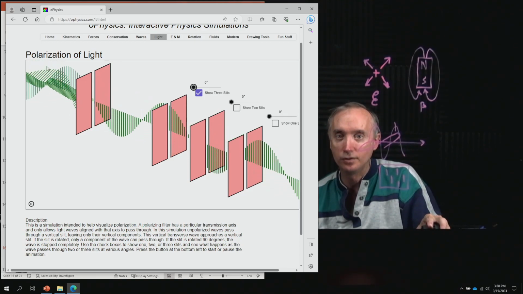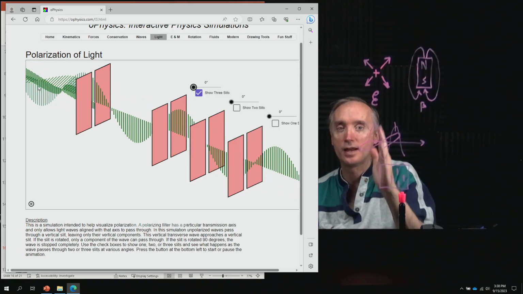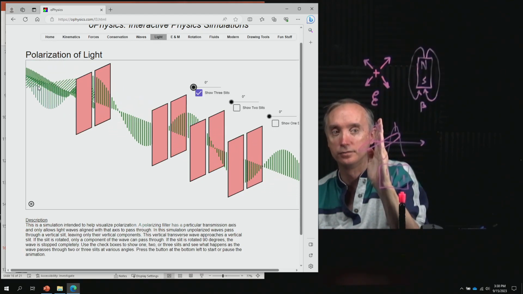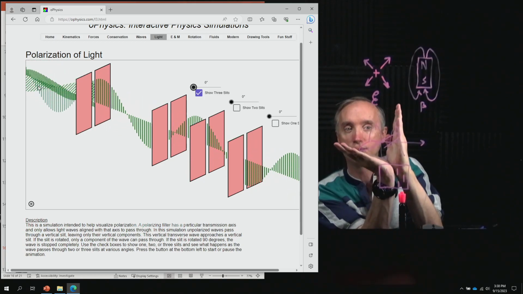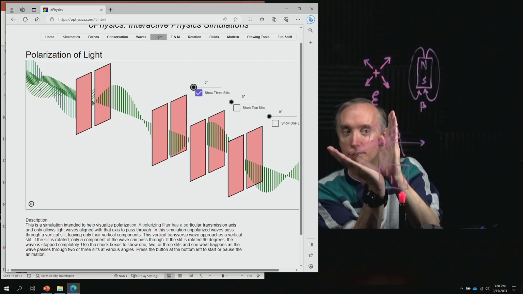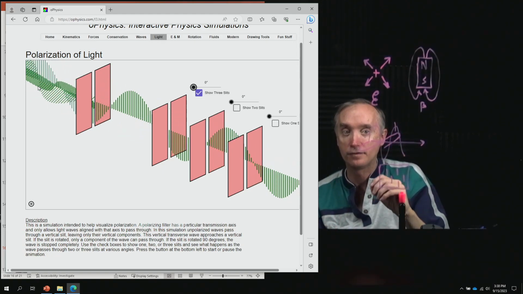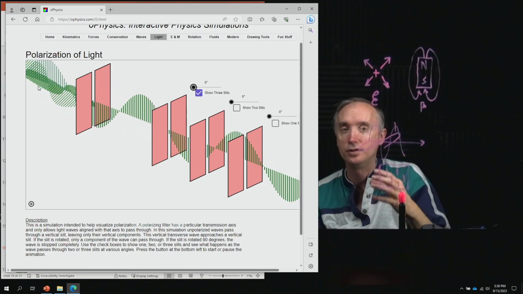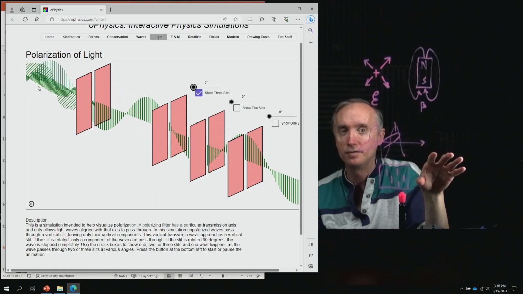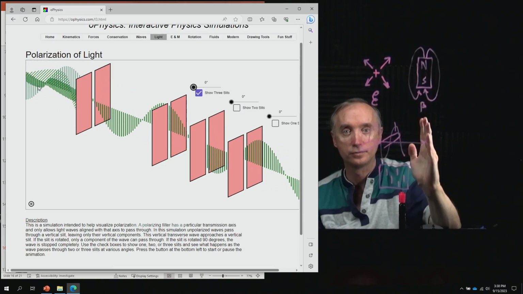Originally, some of the light had its electric field going up and down, and some of the light might have its electric field going in this direction. But when it goes through that first polarizer, that first slit, you notice it's canceling out everything except the electric field that's straight up and down.